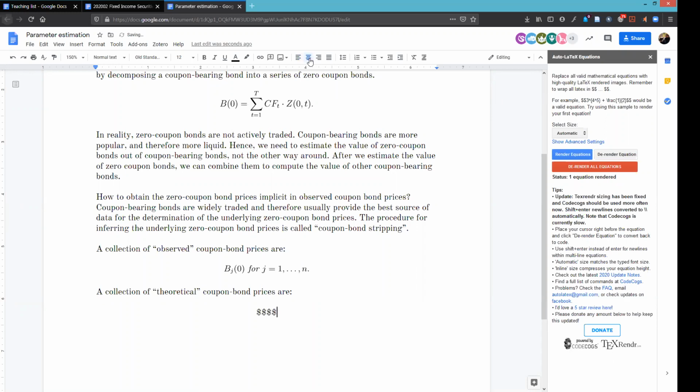Now we can simply use the formula. Actually, I can copy this formula over here and change it slightly. The theoretical value is now, let's call it hat, and because it is J, how can I put now J, okay?